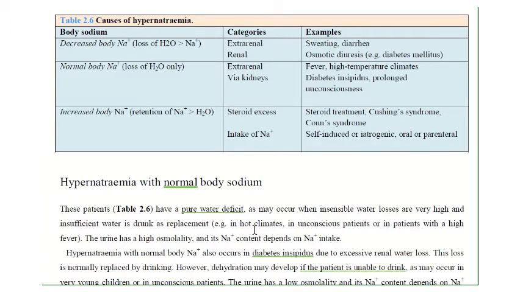Example على سبيل المثال in hot climates, in unconscious patients or in patients with a high fever. The urine has a high osmolality and its sodium content depends on sodium intake.